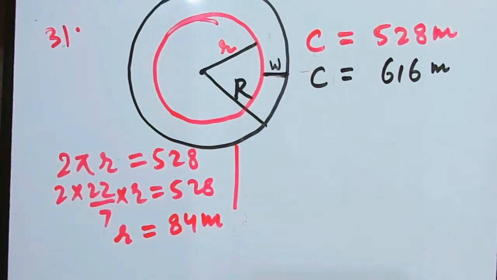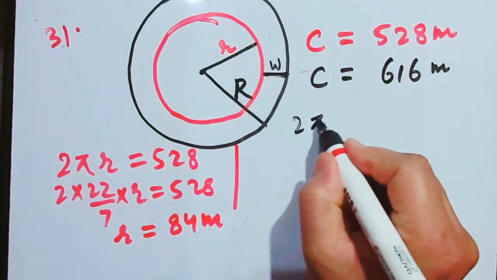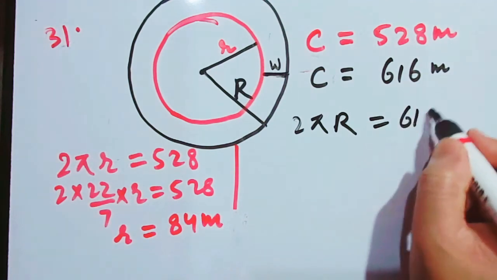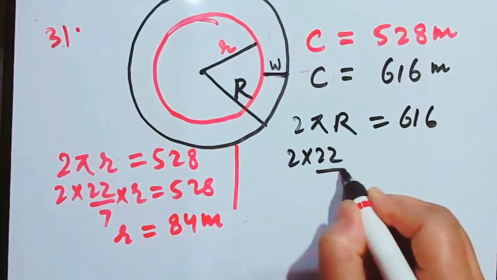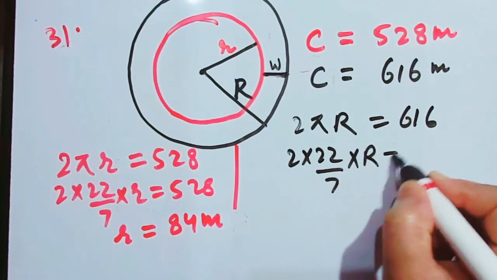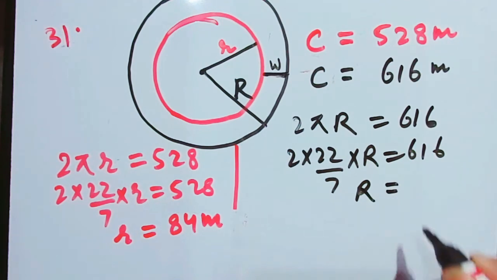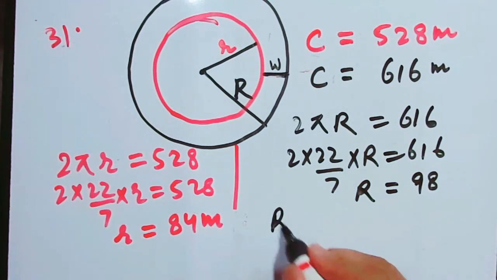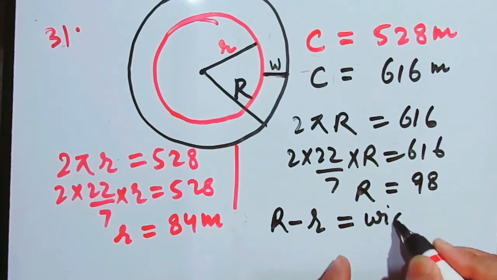Okay, now the same, if we put the same formula over here, 2 pi R for the bigger circle will be equal to 616. So here 2 into 22 by 7 into R is equal to 616. So here the value of this R, you will get it as 98 on solving it. Therefore R minus r was the width of the track, isn't it?